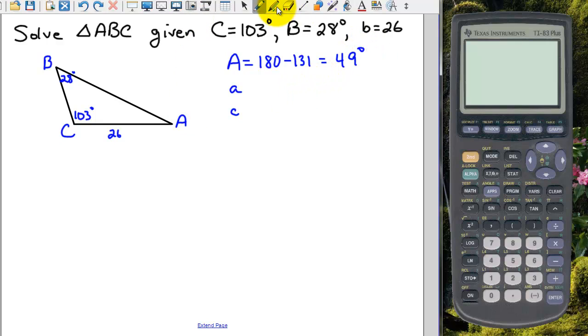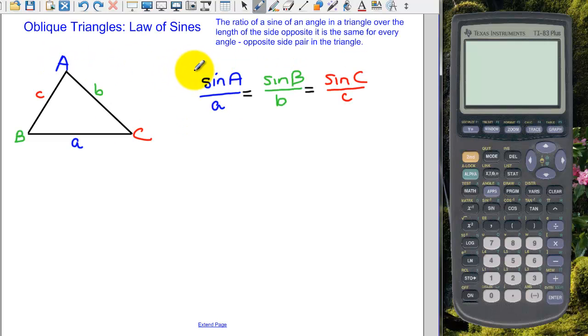Now we have to pick and form a ratio here, and our ratio is the sine of an angle over its opposite side. Let's fill in 49 here. So for one of the ratios, we've got four numbers.